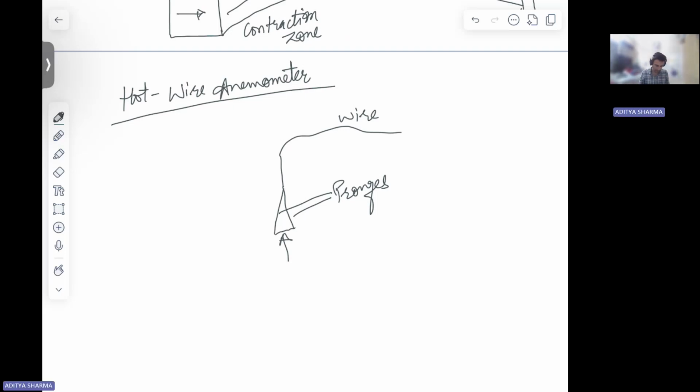And this is a very thin, let's say, tungsten wire.